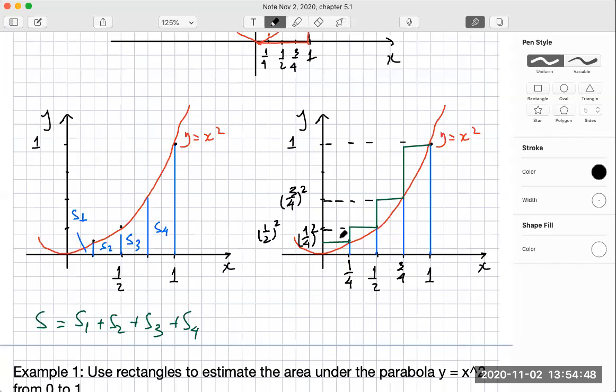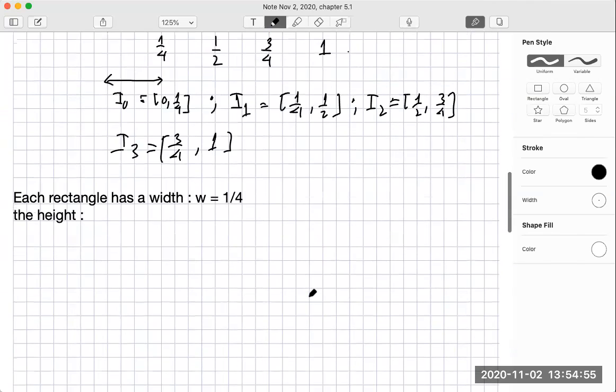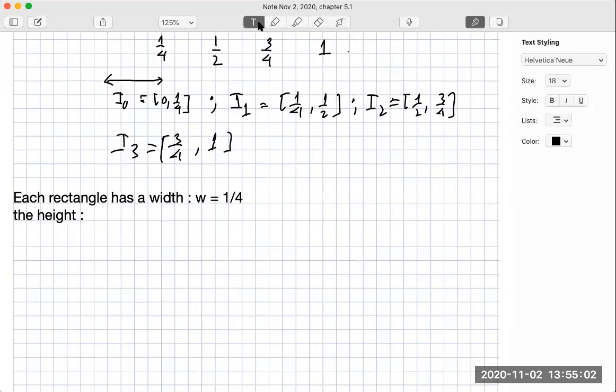So the sum of these rectangles will be the width, which is 1 over 4, times the heights of them, let us write it down. The first will be 1 over 4 squared. The second will be 1 over 2 squared. The third rectangle will be 3 over 4 squared.